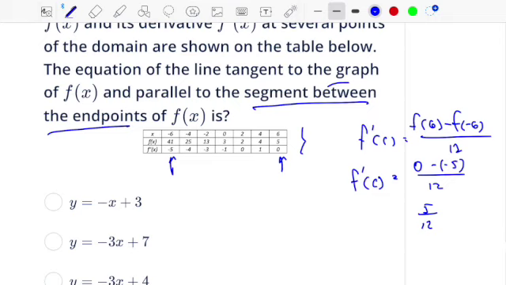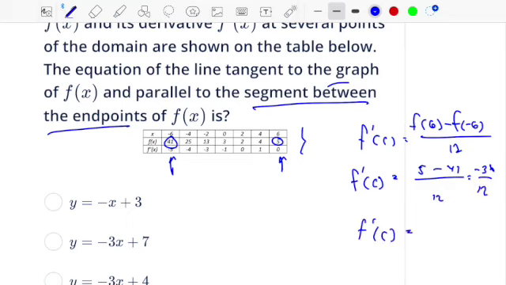Oop, I'm looking at the wrong values. I had to go 5 and 41. So that's going to be 5 minus 41 over 12, so that is -36 over 12. So f prime of whatever our point is is going to be -3. That's out.